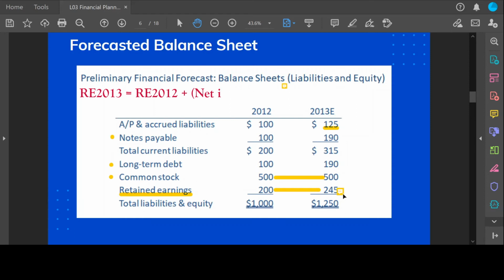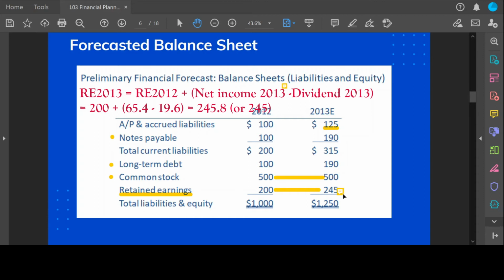The amount of retained earnings in 2013 can be calculated using retained earnings in 2012, which is $200, plus the difference between net income and dividends. The firm expects to make a net profit of $65.4 and expects to pay dividends equal to $19.6. As a result, the firm will retain $45.8. But for simplicity, the number has been rounded down to $245 for the retained earnings in 2013.